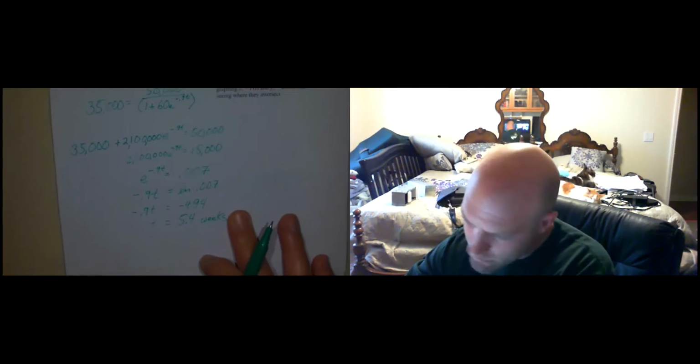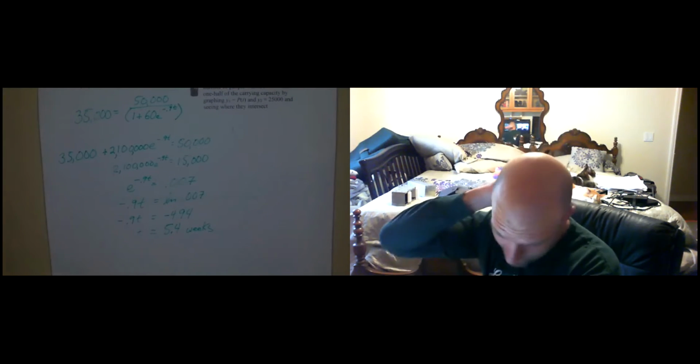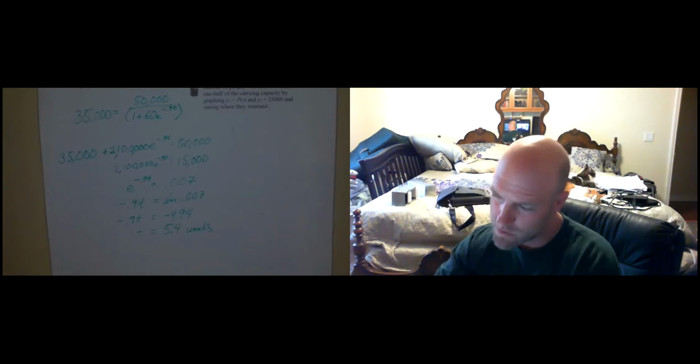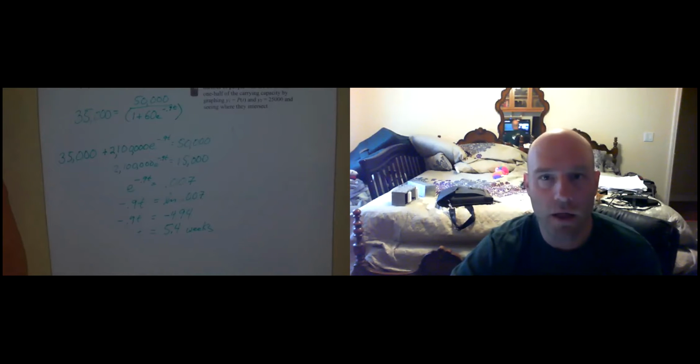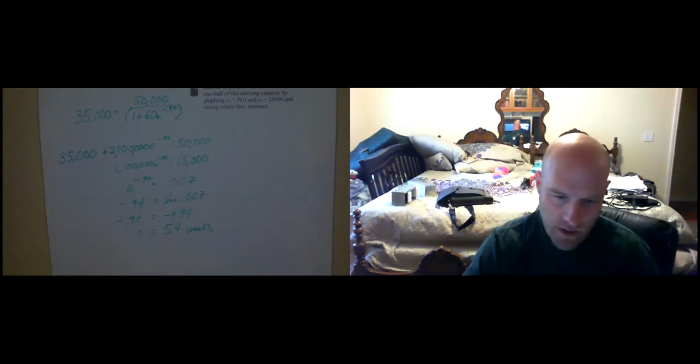Okay. Next up, it asked me to use a graphing utility or Desmos. I certainly can do that in order to see when we make it to half the carrying capacity. In other words, when half the population is infected.